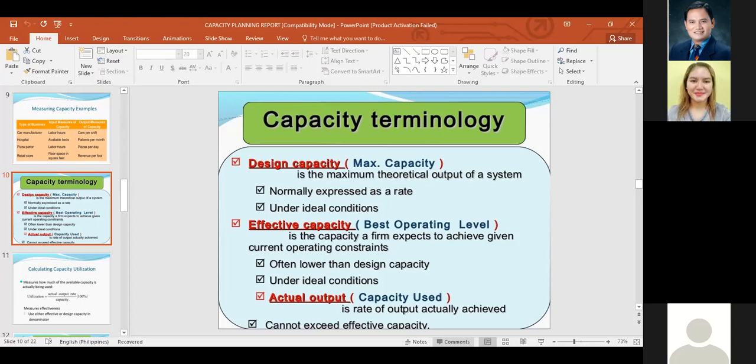It is the capacity a firm expects to achieve given current operating constraints. It is often lower than the design capacity. Then the actual output is the capacity being used, the rate of output actually achieved. So it cannot exceed effective capacity.